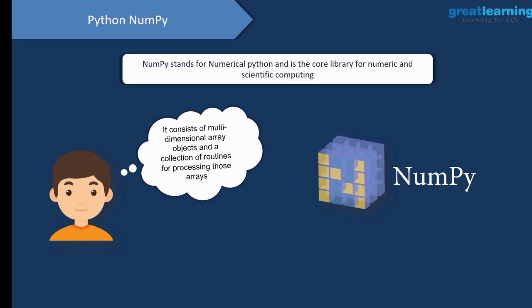So what exactly is Numpy? Numpy stands for Numerical Python, and it is the core library for numeric and scientific computing. Numpy provides you a multi-dimensional array object, and to work on these objects, it also provides certain methods and functions, which are part of the Numpy library itself.